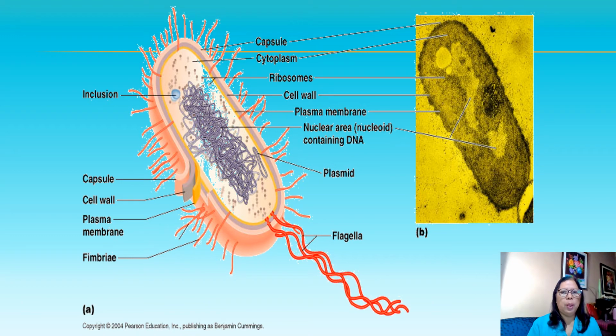And then, of course, this is your cytoplasm, and there are many parts here. This includes your ribosome, the plasmid, and then if you go out, you have the plasma membrane, the yellow one, and then going out again, the cell wall, and then of course the slimy capsule, and then the flagella, the cilia, and the rest.